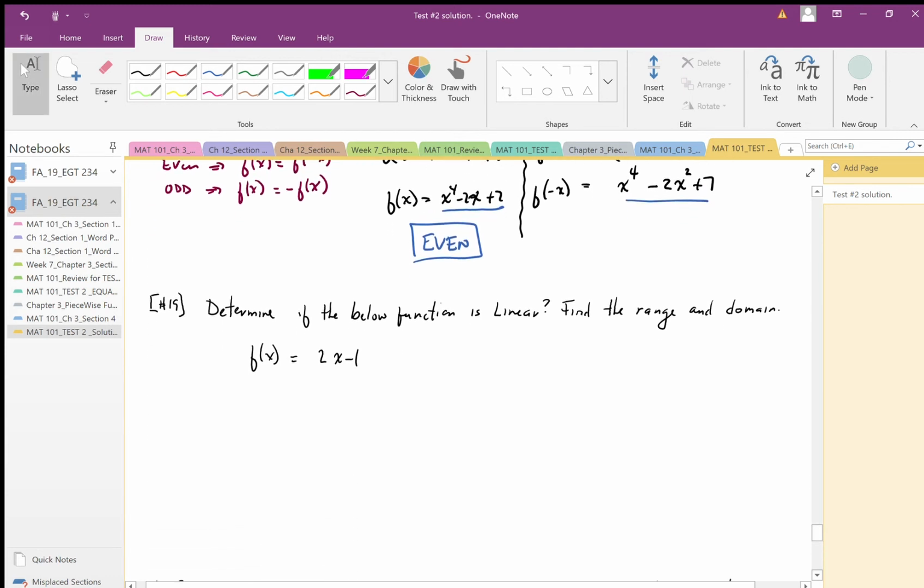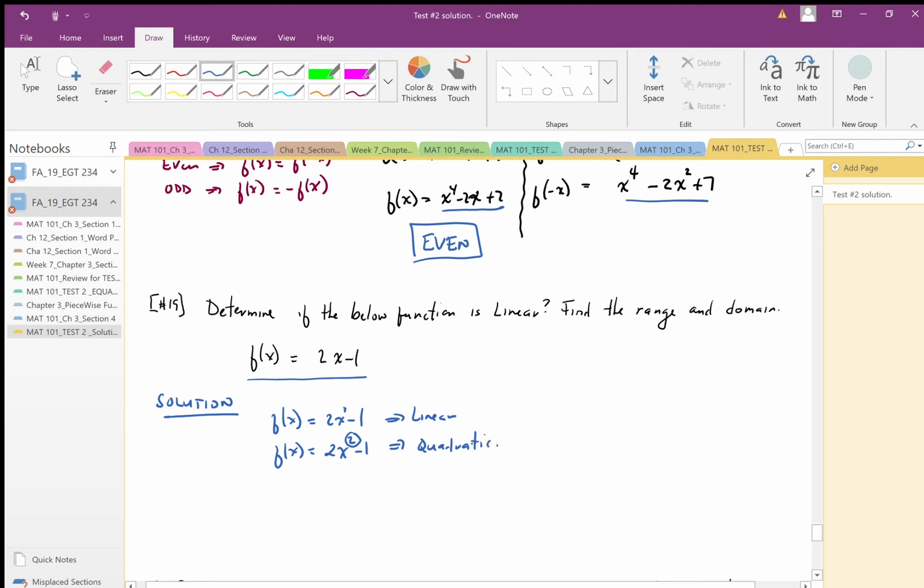Now for number 19, they want to know, is this a linear function or not, and what is the range and domain? Well, as I shared with you in class some time ago, a linear function, when you look at f of x, for instance, 2x minus 1, since this exponent is only 1, it's going to be linear. If f of x looks something like this, it is quadratic because of this 2 right here.